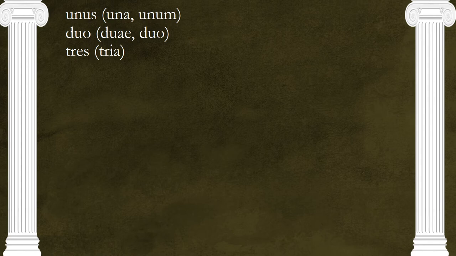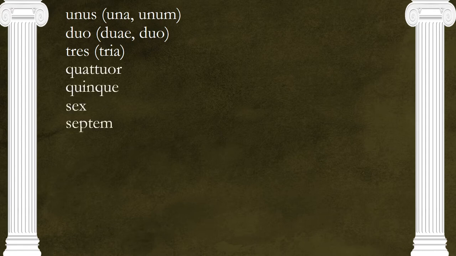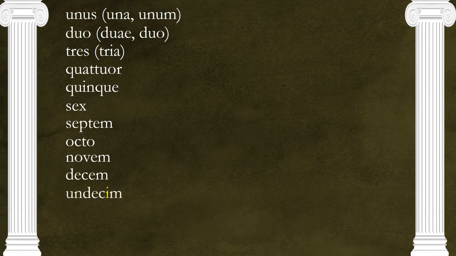So our numbers then are unus, duo, tres, quattuor, quinque, sex, septem like September, octo like October, novem is 9, decem is 10 because December used to be the 10th month, undecim is just a 1 plus a 10. Notice the spelling of decim has changed. Duodecim is the 2 and 10.